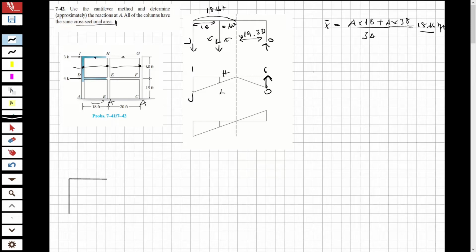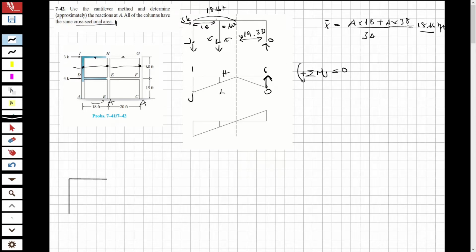So let's write the moment at J, with respect to J. We have a 3 kip force, 3 kips per year as a force. So let's write the moment with respect to J, positive in this direction.